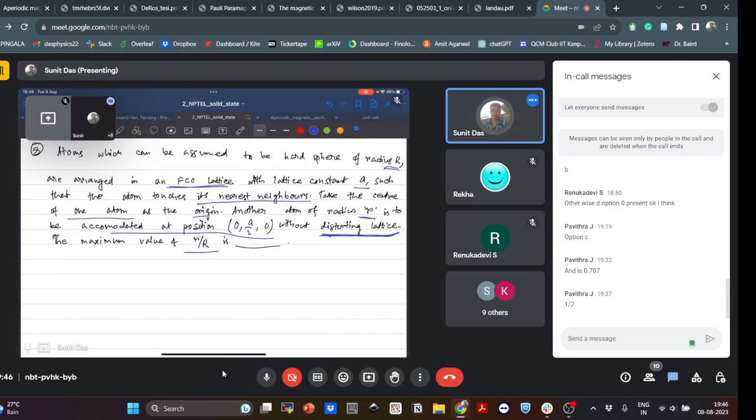How do we solve this? Just draw an FCC lattice and try to understand what the question is saying. You'll get some idea.